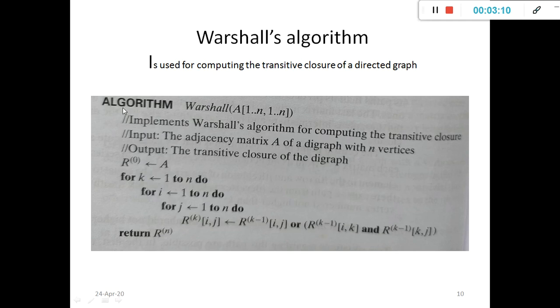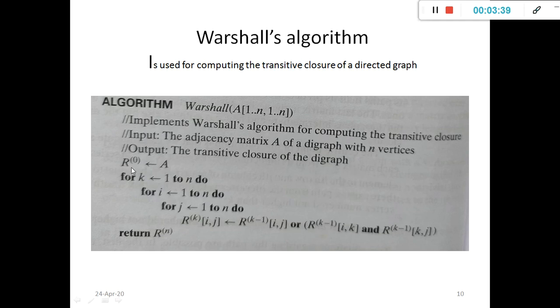The input for Warshall's algorithm is the adjacency matrix A of a directed graph with n vertices, and the output from Warshall's algorithm is the transitive closure of the graph.